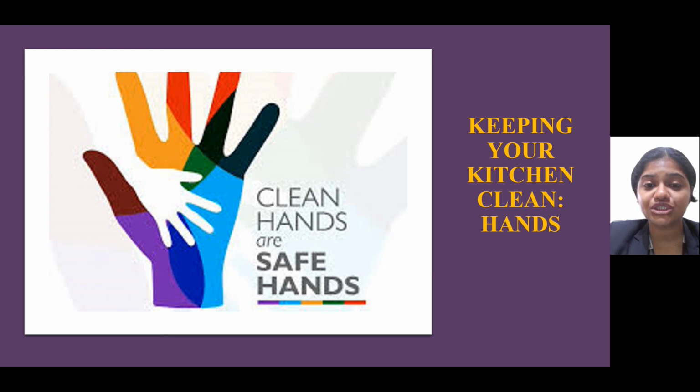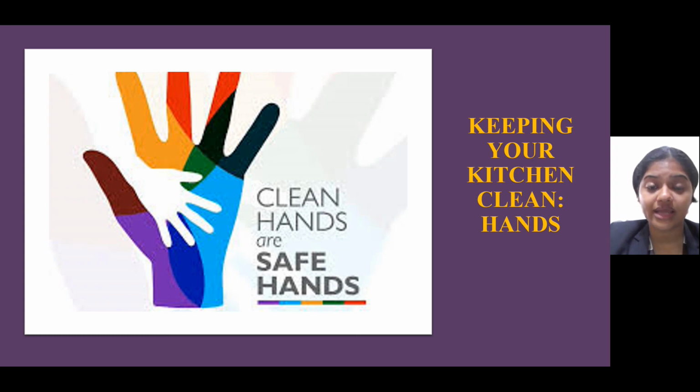So always make sure that we wash our hands regularly, and before touching any kind of equipment or any kind of raw materials, wash your hands thoroughly with liquid soap, pat them dry, and then you can touch the other equipment. Before you start preparing food, you have to wash your hands. After touching any raw food and before touching any ready-to-eat food, it is always advisable to wash the hands thoroughly.